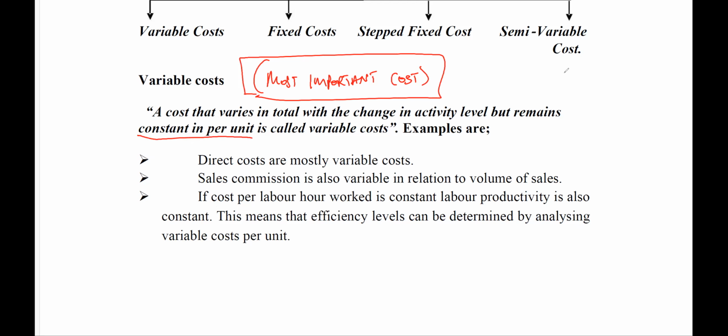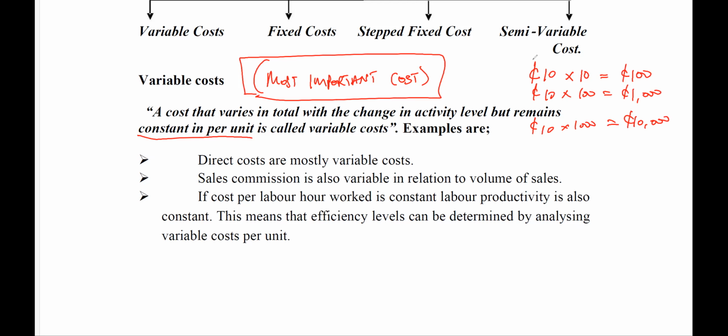So if one marker costs 10 cedis, and I produce 10 markers, I will incur a cost of 100 cedis. If I produce 100 markers, I will incur a cost of 1,000 cedis. If I produce 1,000 markers, I will incur a cost of 10,000 cedis. So you realize that the more markers I produce, the more cost I incur.